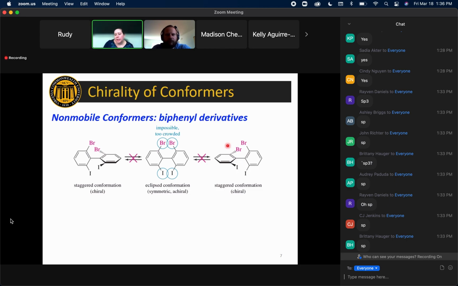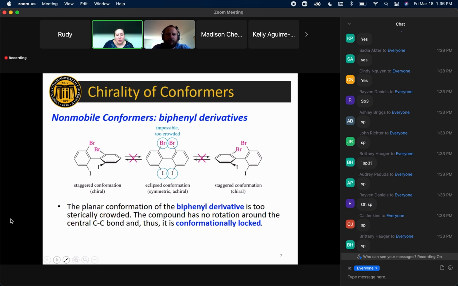However, because these groups are pointed towards each other, and they're constrained in that geometry by the shape of all of these sp2 hybridized carbons of this ring, these substituents here make it impossible to do that rotation because of steric hindrance. They would run into each other. So what you can imagine then is if you have two phenyl rings that are like this, they cannot rotate around freely because the groups that are sticking out here would bump into each other.